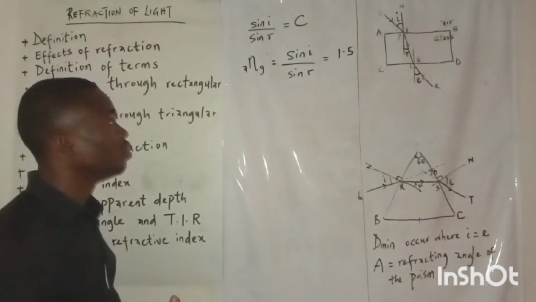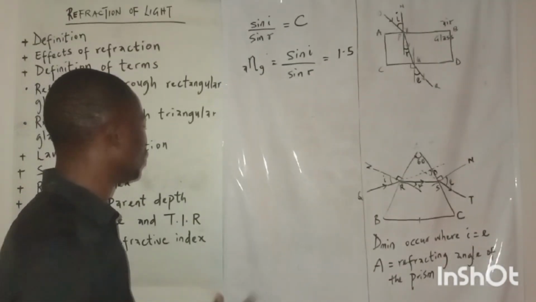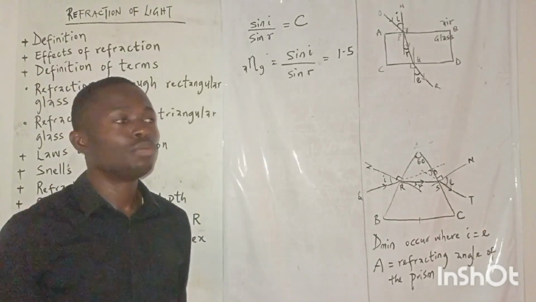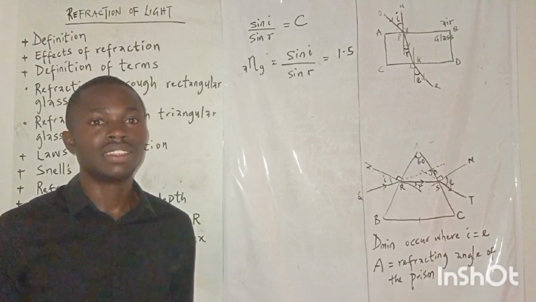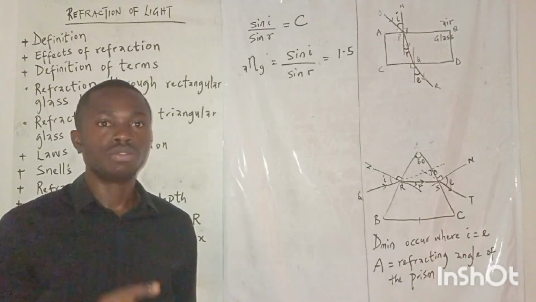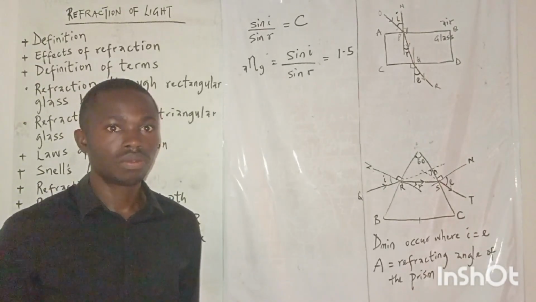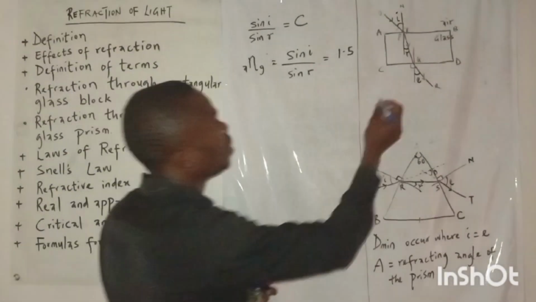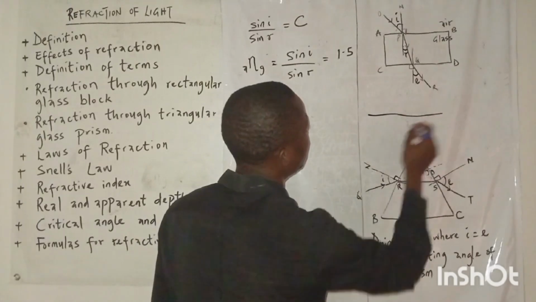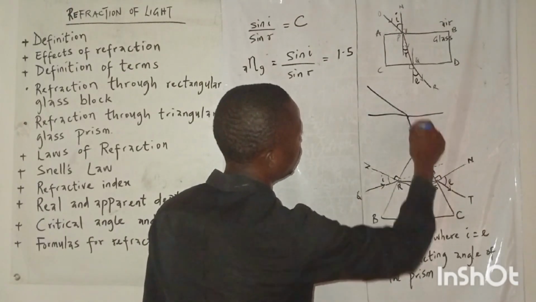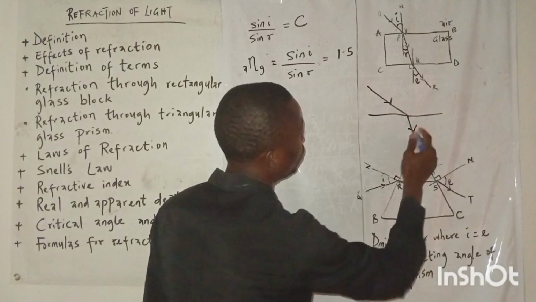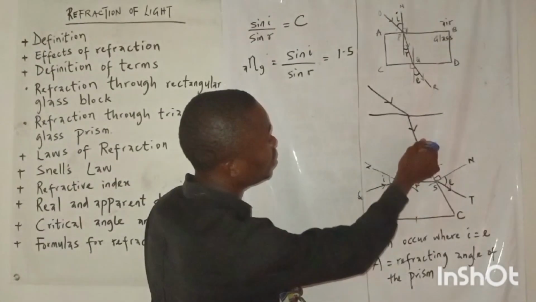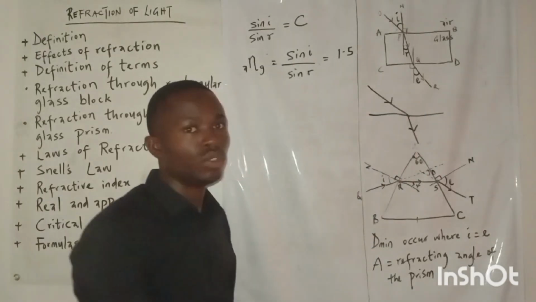Now, before I go further, I'll draw your attention to the principle of the reversibility of light. The principle of reversibility of light states that the path of travel of light is reversible. What that means is that if light, let's say this is a boundary, travels like this in this direction, that principle states that if light is traveling in the reverse direction, it will take the exact path it took.